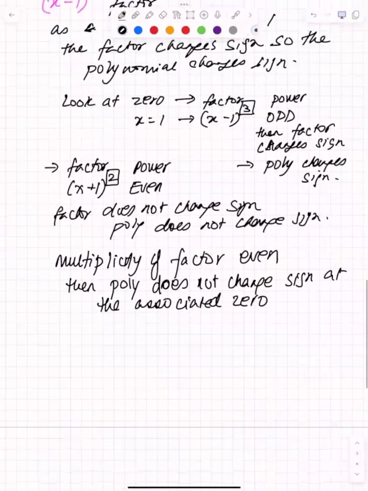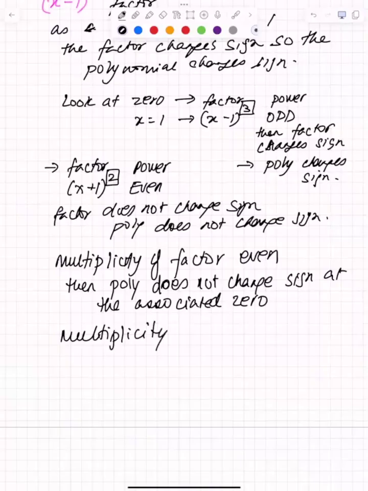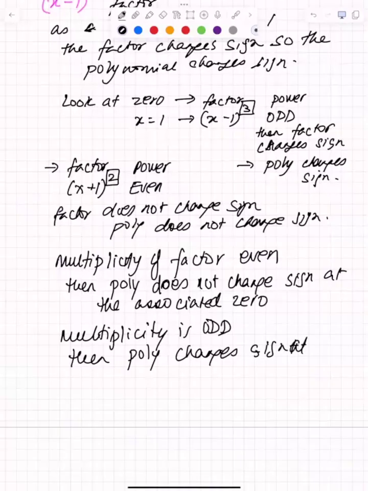But if the multiplicity is odd, then the polynomial changes sign at the associated zero.